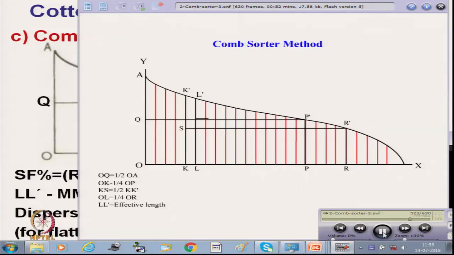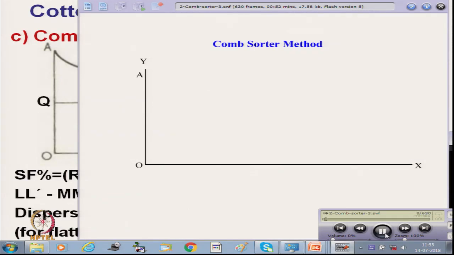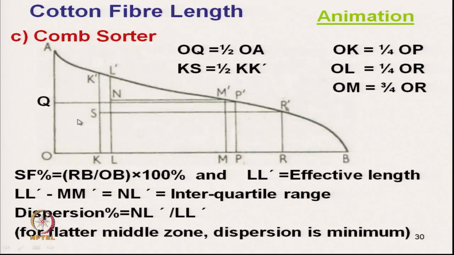And from this, as we have mentioned earlier, OL is equal to MR, that is, OM is 3/4 of OR. And from there we can calculate the dispersion percent.